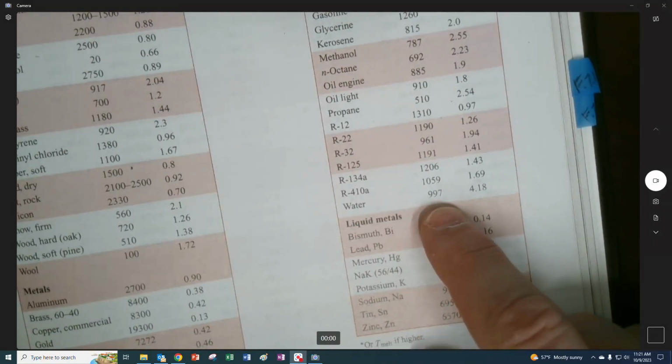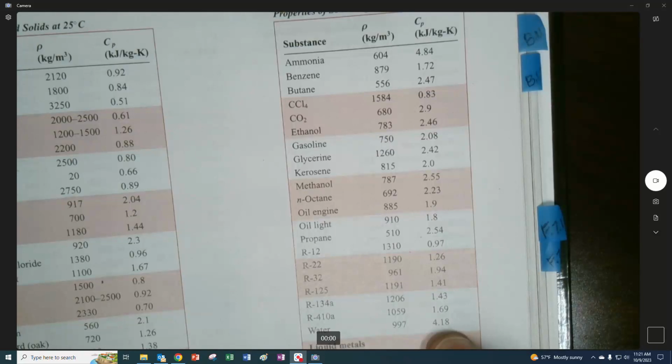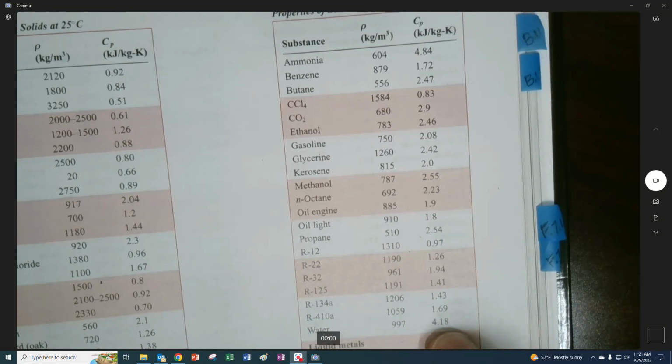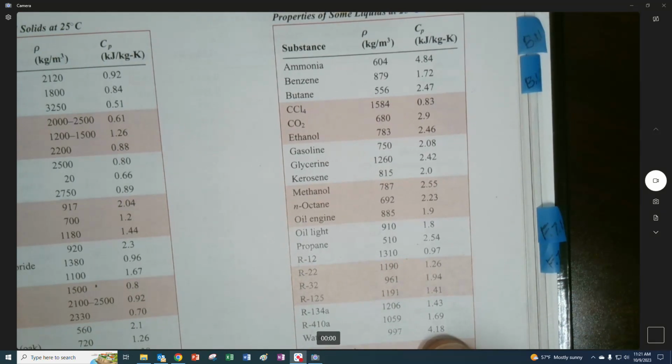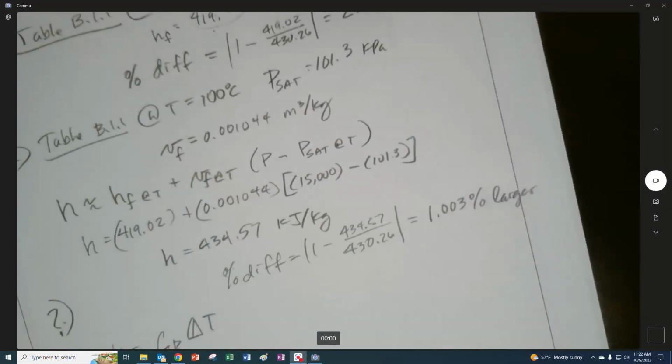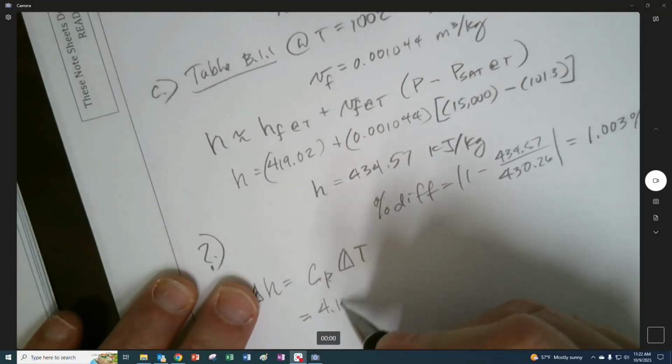Here you go. We have a CP of 4.18. That's going to be pretty easy math, right? Because we're going to multiply that by 100 degrees, so we're going to get 418. Interesting. We're actually close.